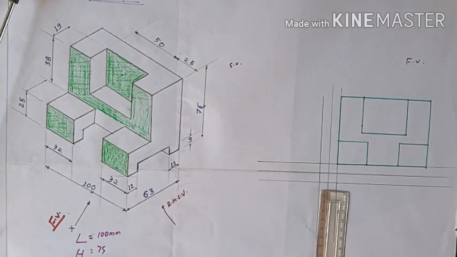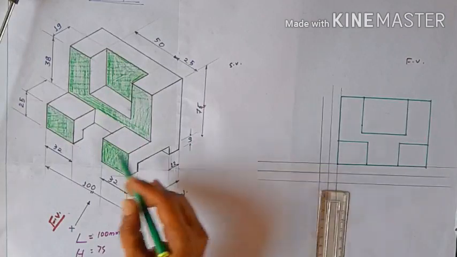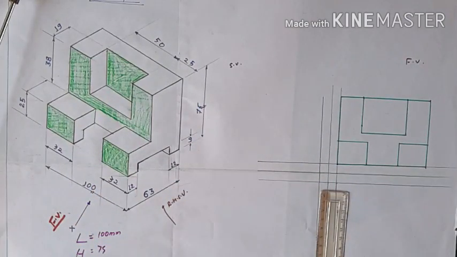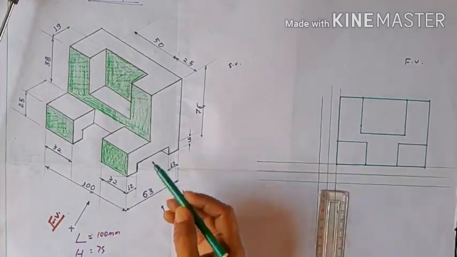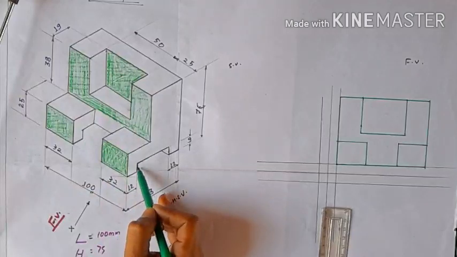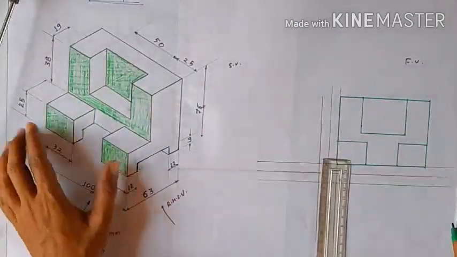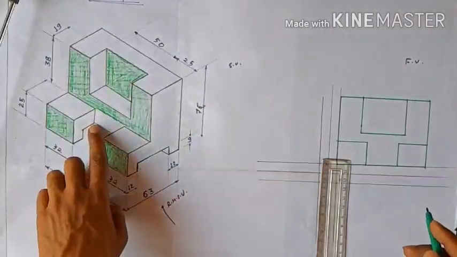Now, this 9 mm long line is not clearly seen from here, so we make it a dotted line. After completing both the views, this 9 mm line is also drawn. It is not represented here, so it is dotted, and it actually appears here.